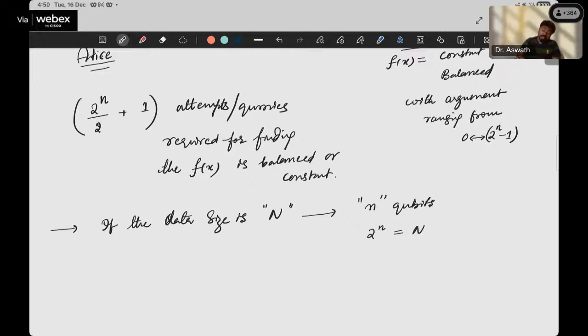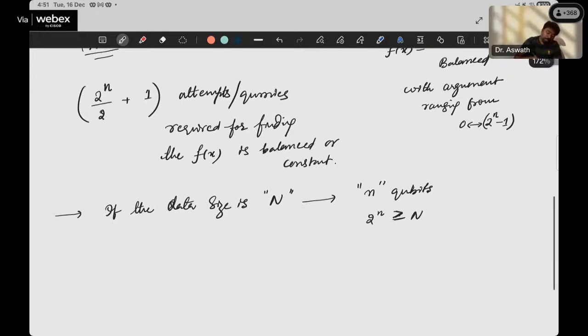At least 2 to the power of n must be greater than or equal to capital N, but never less than N, because otherwise you may lose some of the data points and not have a chance to feed them to the quantum computer.